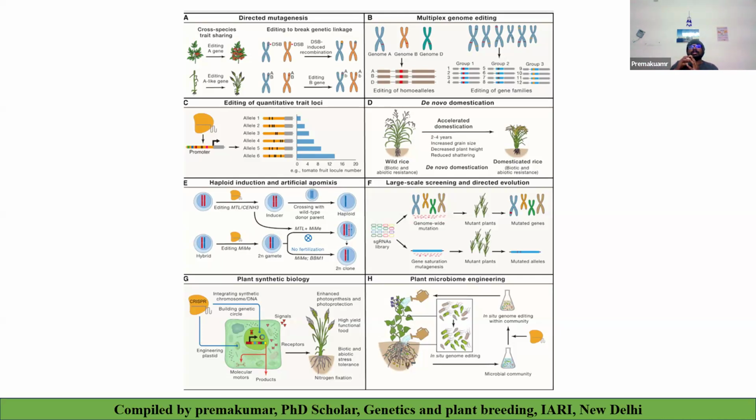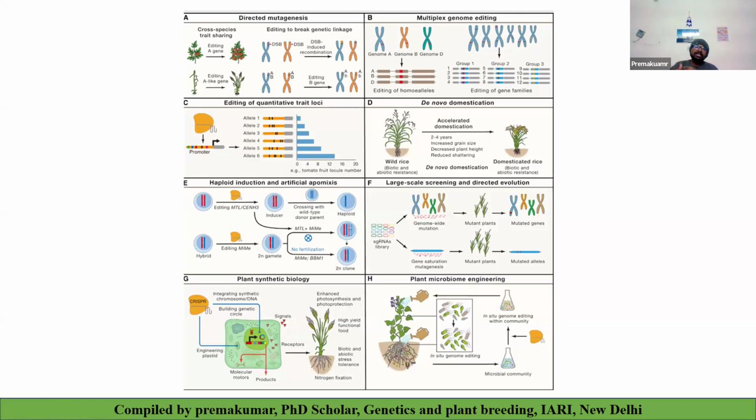Then de novo domestication. What is de novo domestication? Normal domestication takes a longer time. For example, you have a taller plant, like a wild relative, but you want to make it a short plant stature. Normal domestication takes hundreds of years.